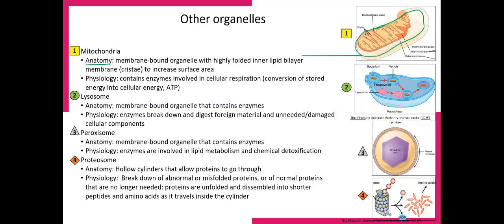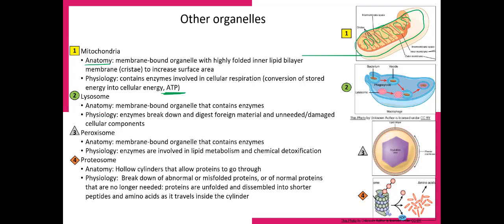You can see here it's got these folds, or cristae, that help to increase the surface area inside the mitochondria. The purpose of the mitochondria is to produce ATP, adenosine triphosphate, which is used as a form of cellular energy.